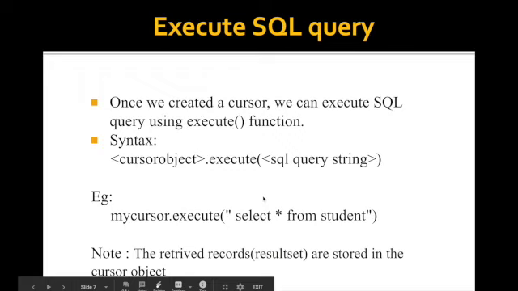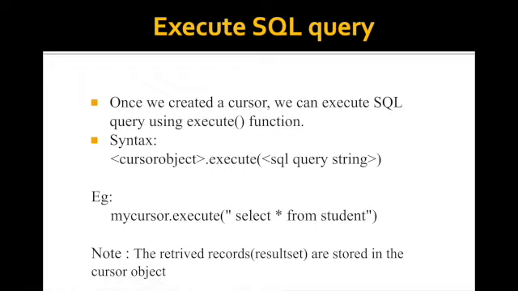Then the next step is to execute the SQL query. Once we create a cursor, we can execute an SQL query using the execute function. So cursor object dot execute, and in the brackets we have to give the SQL query.